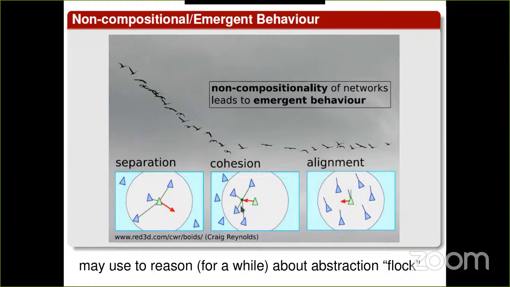These 3 very, very simple rules, if you simulate this, you will see that always a V pattern will occur. This V is not encoded in the brains of these birds. This is something that emerges. So sometimes we see something emerging, and maybe we can use this, like the flock abstraction I gave you before.